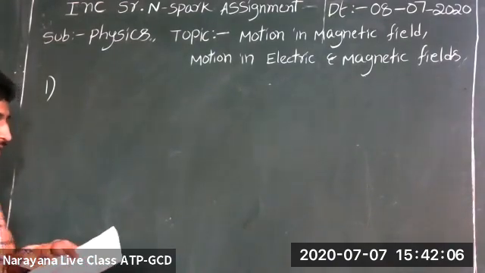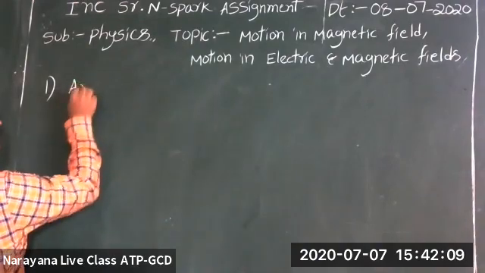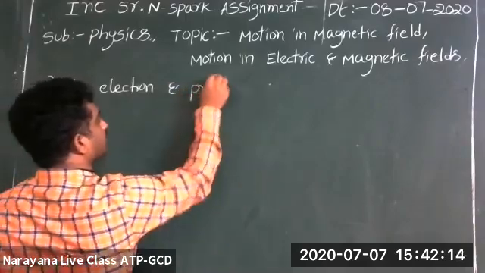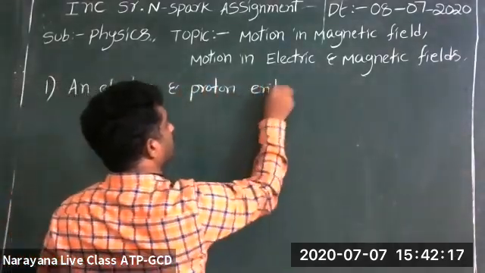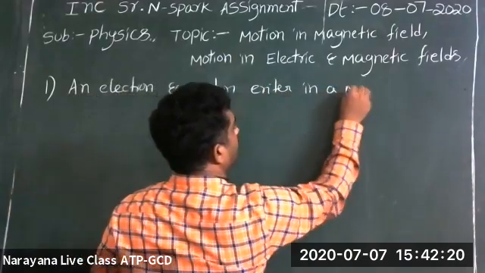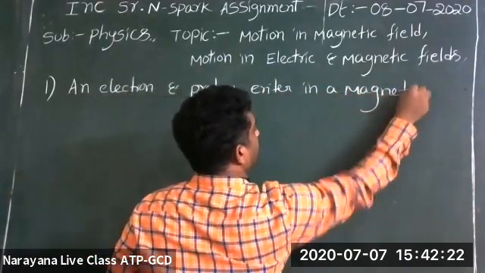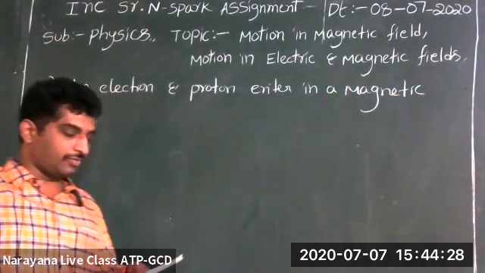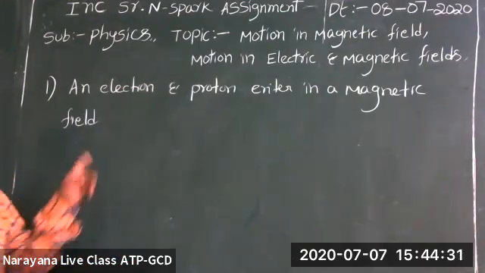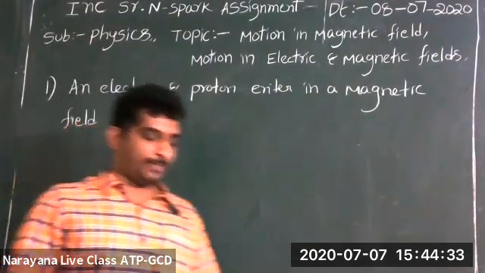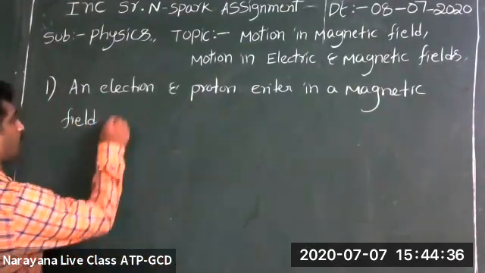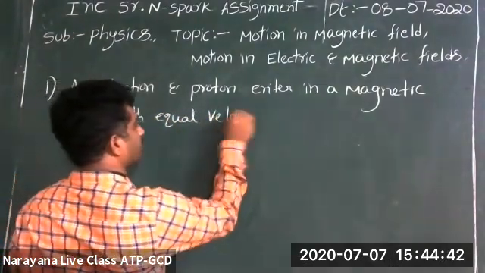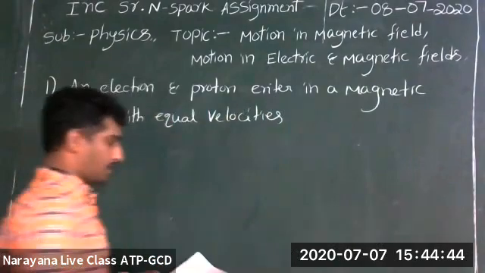an electron and proton enter in a magnetic field with equal velocities.